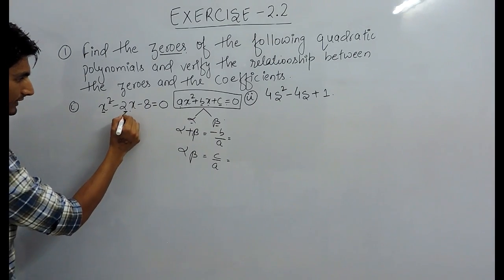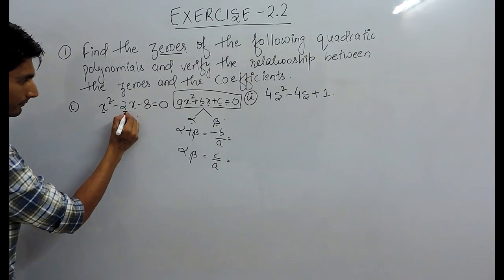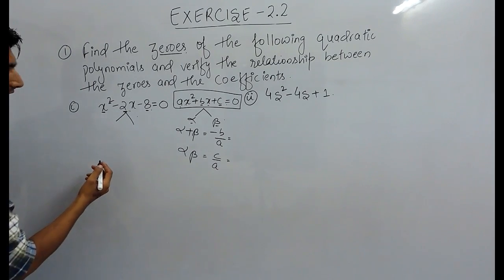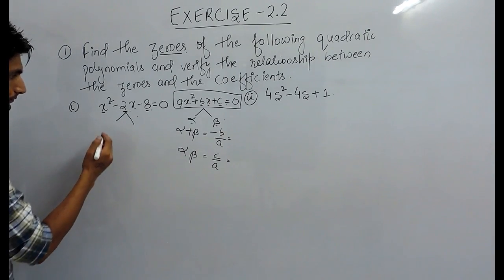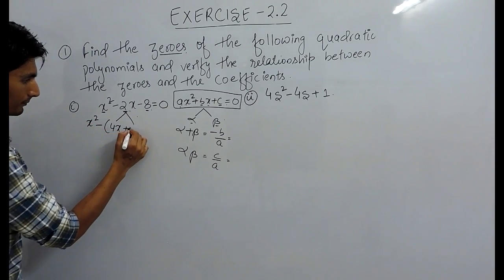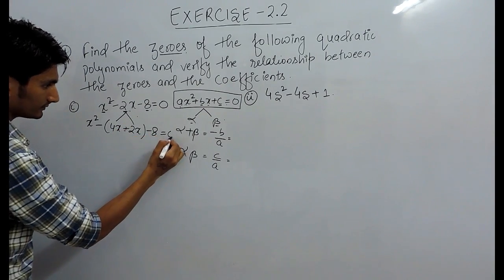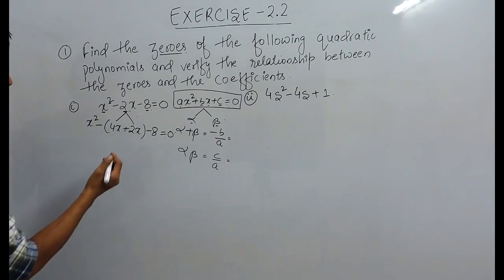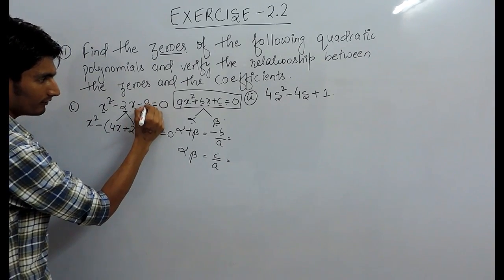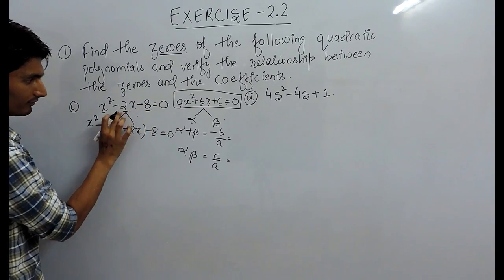You have to break this term into two parts such that multiplying them will give 8 and subtracting them will give 2. So the two numbers are 4 and 2. So x square plus 4x minus 2x minus 8.